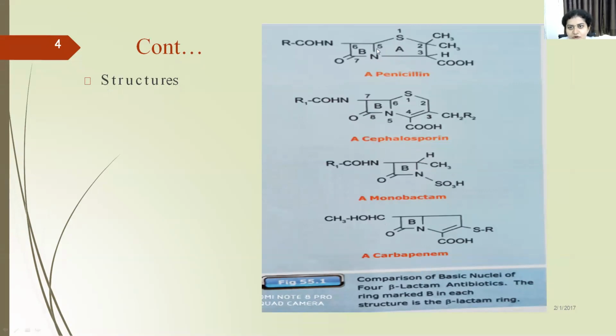The B ring is called the beta-lactam ring, which has an RCONH group at position 6. The beta-lactam ring is fused with the thiazolidine ring, which has the sulfur atom at position 1. So this is the structure of penicillin.